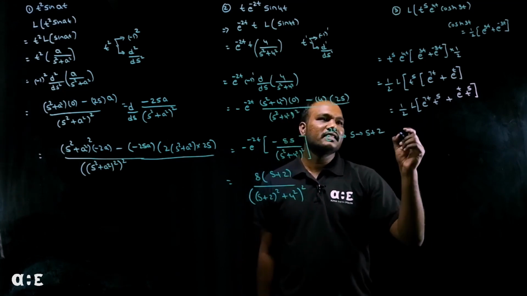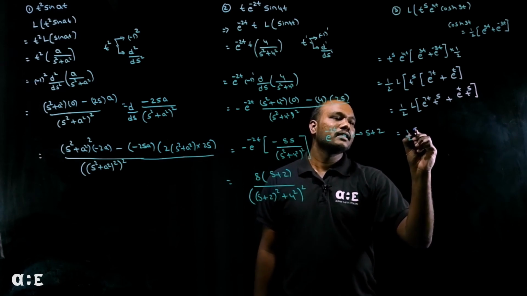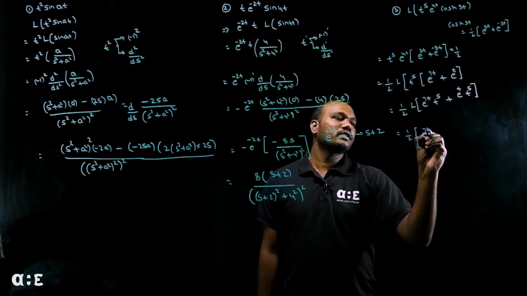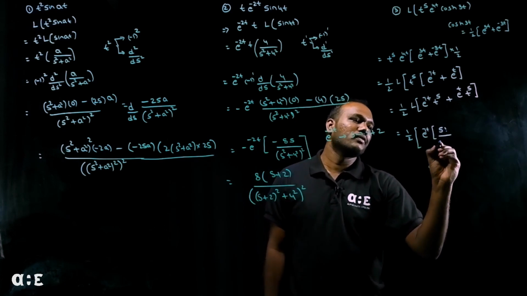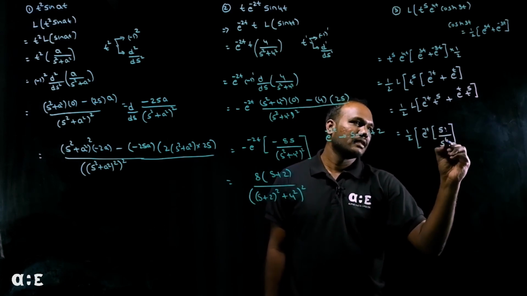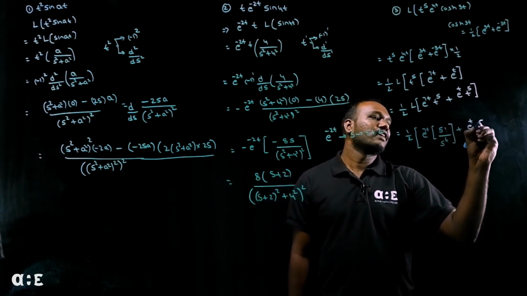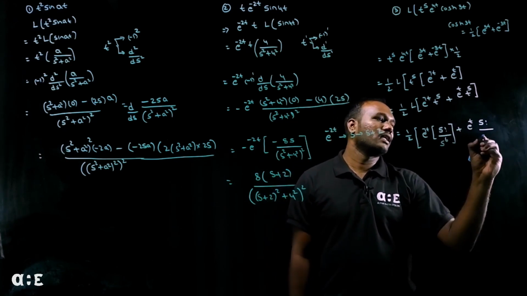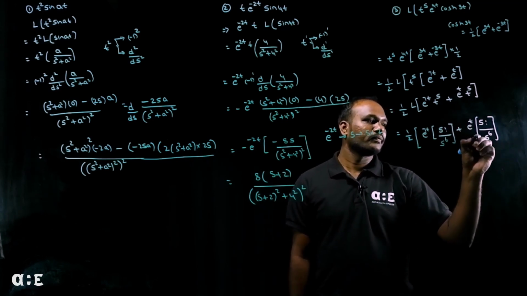I'll apply the Laplace of this to individual term. Half times, in these two, first I need to take e power 7t outside, and Laplace of t power 5 is what? 5 factorial over s power 6 plus, again, t power 5 can be written as what? 5 factorial over s power 6.